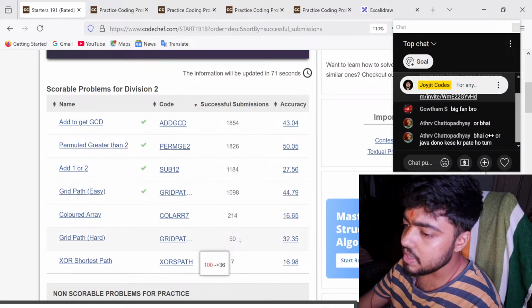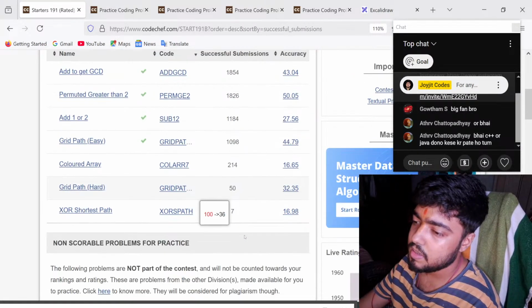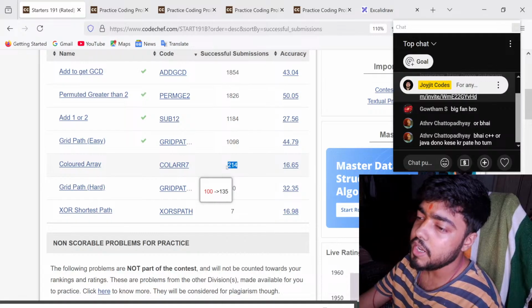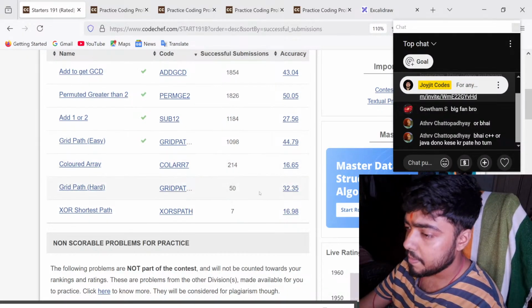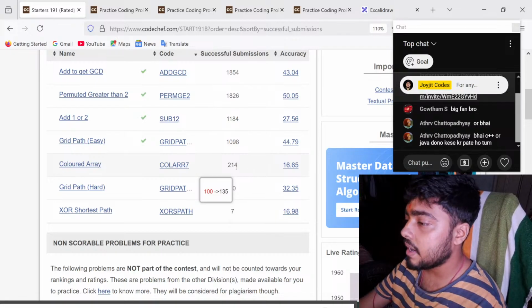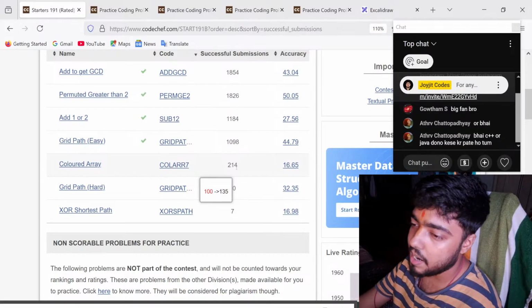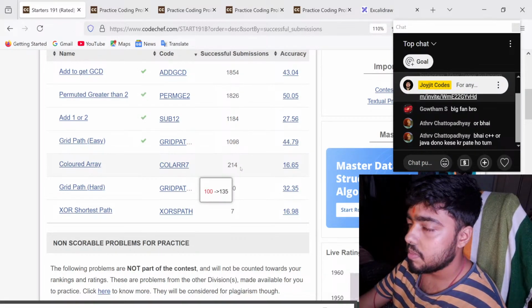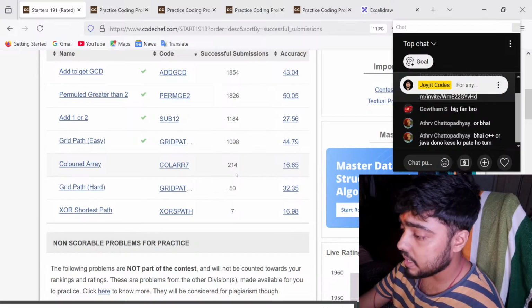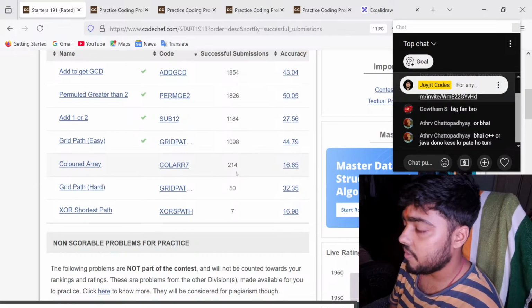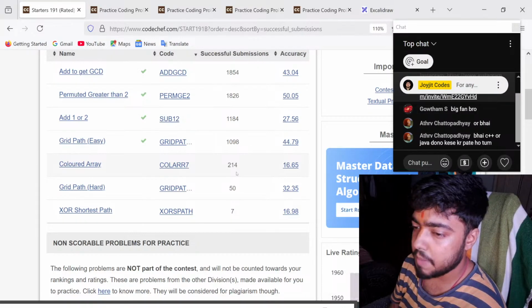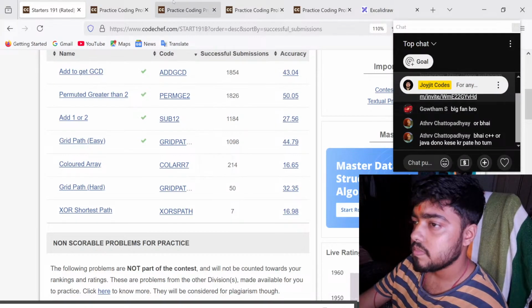This 51 is still considerable, but this 214 one, maybe Chat GPT did it. I don't know, because Chat GPT is getting quite better at solving CP contests, so maybe Chat GPT also can do it. I never know.